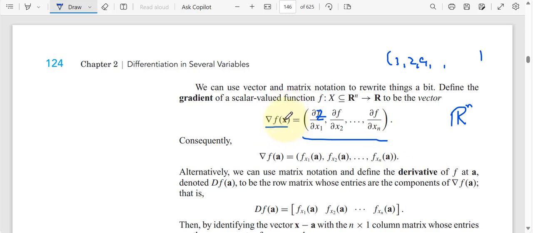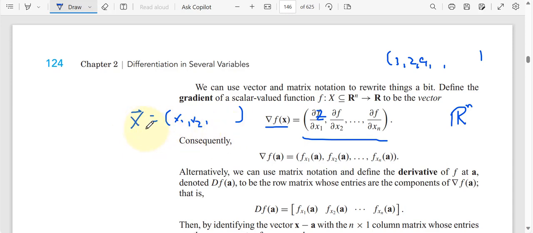Now, just one more thing. Why is this x bold? Because that's to tell us that the input into f is not just one element, but there are many. It's got x1, x2, and so on. We have many inputs into our function, so we can express that by saying it's a function of many inputs.